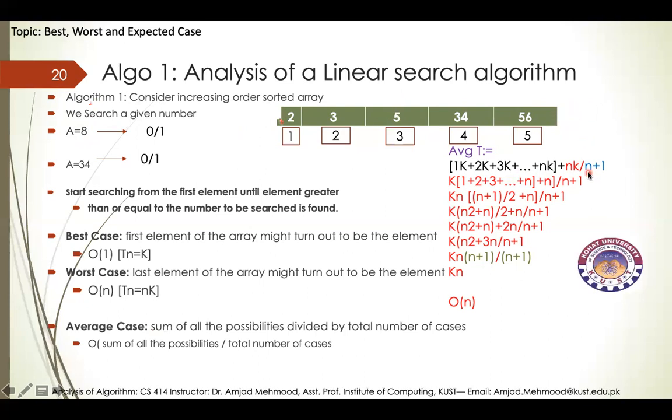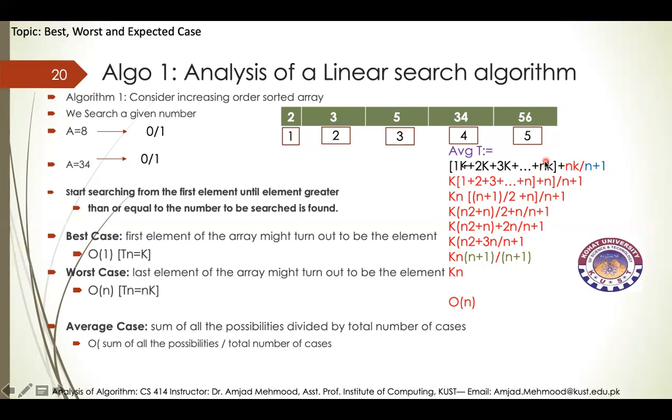So that is where nk comes in. This is nk, and this is nk plus 1, where it finds that I don't have this value in my list. So this is the total number of cases. As you know, I have 5, but the total is 6, because one case is that you don't have this value in your list. So this is n plus 1. That's why this is n plus 1.